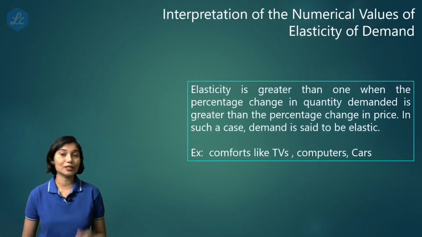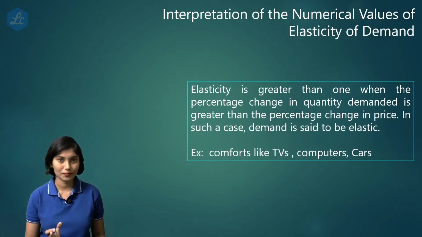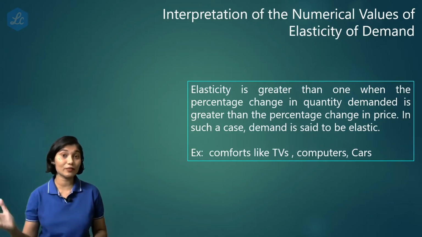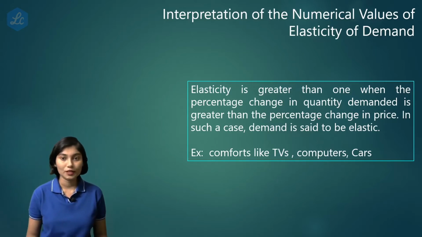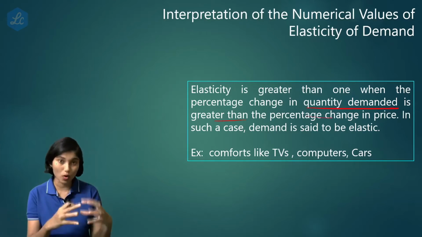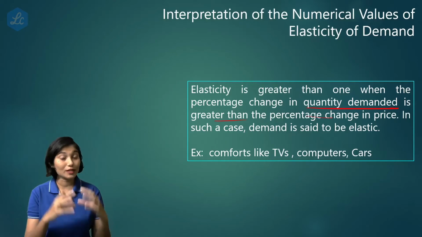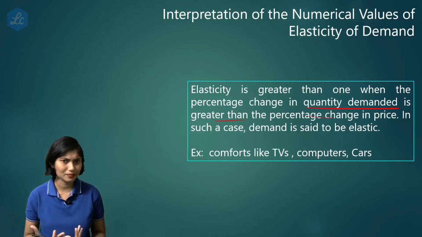The next numerical coefficient is if your elasticity is greater than 1, if your EP is greater than 1. When does this happen? If your elasticity is greater than 1, that means elasticity is more. When is elasticity more? Basically, the change in quantity demanded is greater than the change in the price, which means the change in price would be small, but the change in demand would be great. When does this happen?